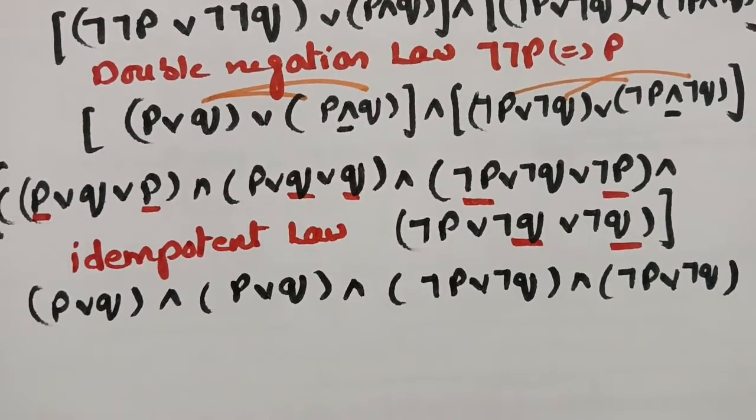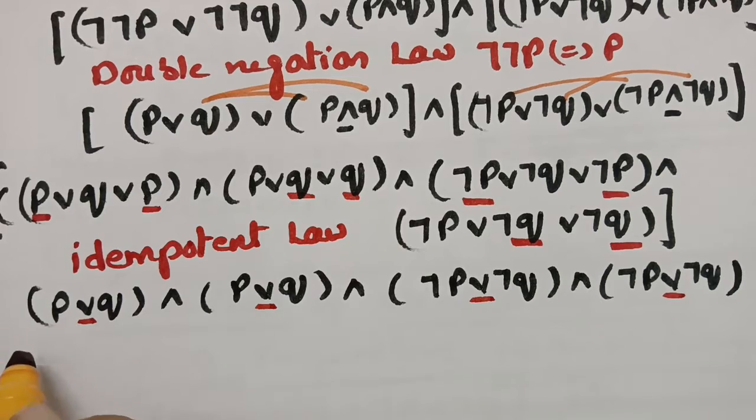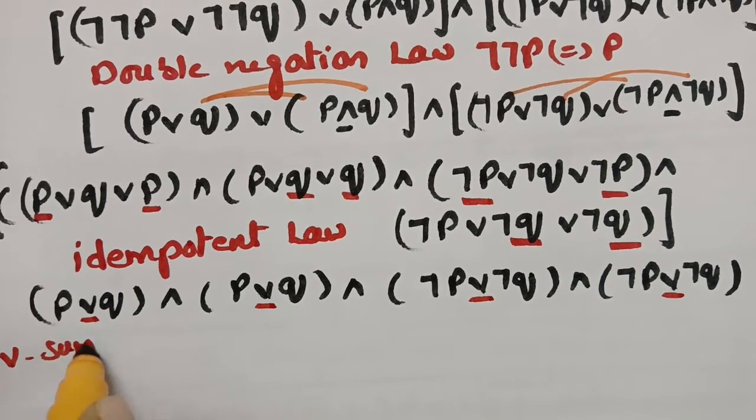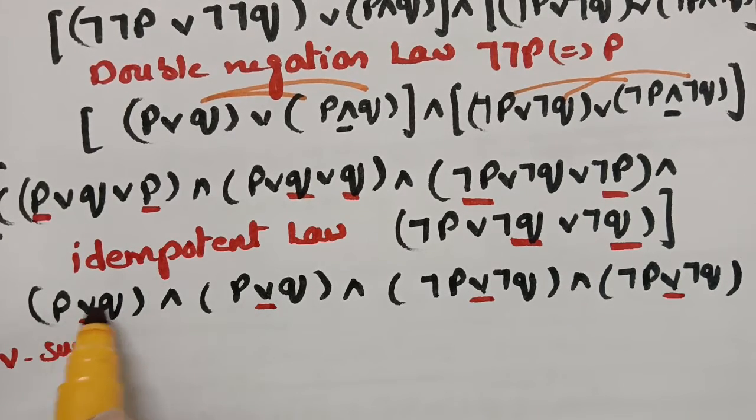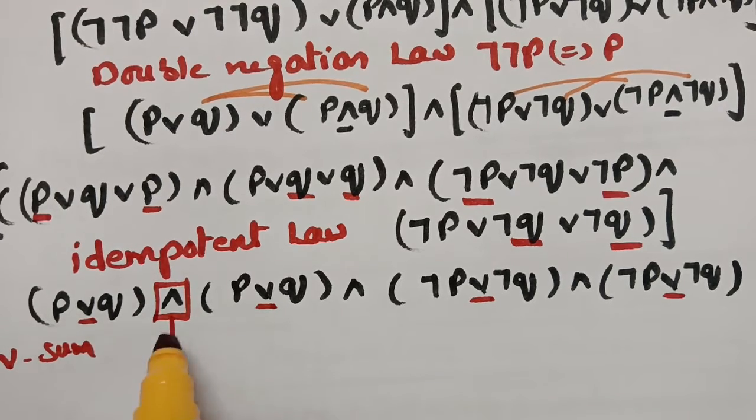See here, just now I have said that. Which symbol is it? This is sum. This symbol is nothing but sum. The sum of the variables and its negations is called elementary sum. So in between, what is there? Product. So this is a product or conjunction.